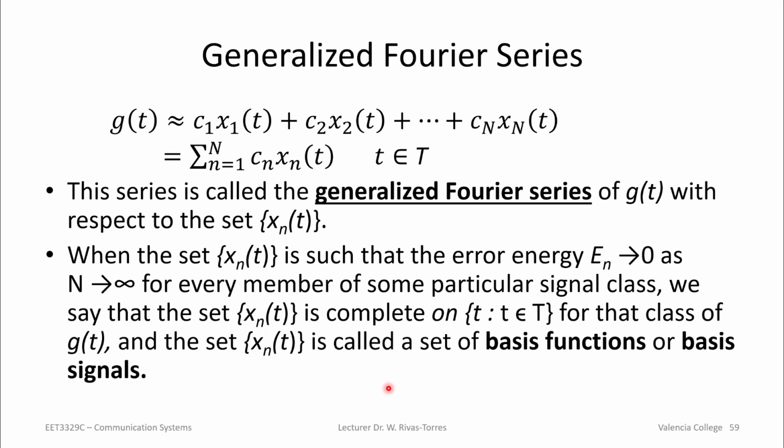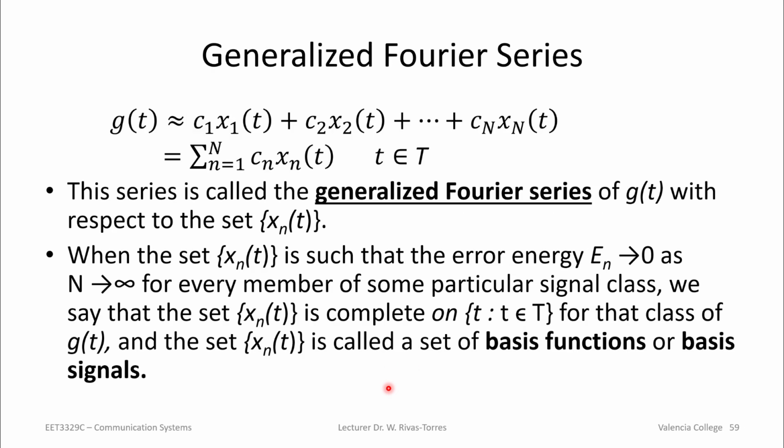So when we have a set of signals such that the energy tends to zero as n goes to infinity, we say that the set of our orthogonal signals is a complete set, right, for the class of signal g of t. And we can call these x of n by a lot of different names. You can also call them basis functions or basis signals, okay?